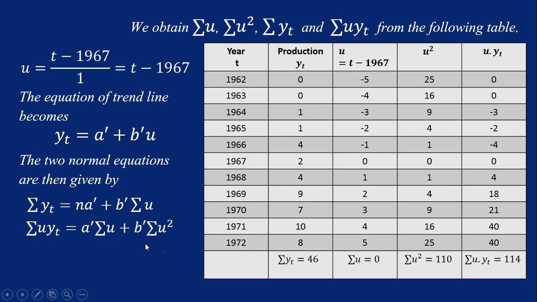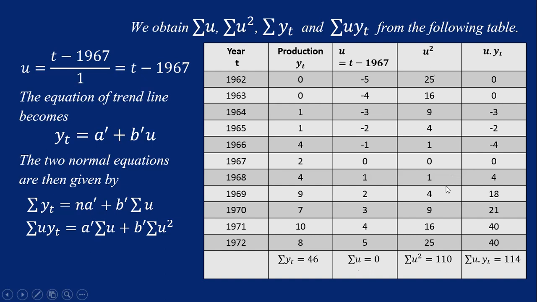Now summation yt, addition of all the entries in this column, is 46. Summation u, now we have chosen the middle value 1967, so we get summation u equal to 0. This makes our calculation very easy.